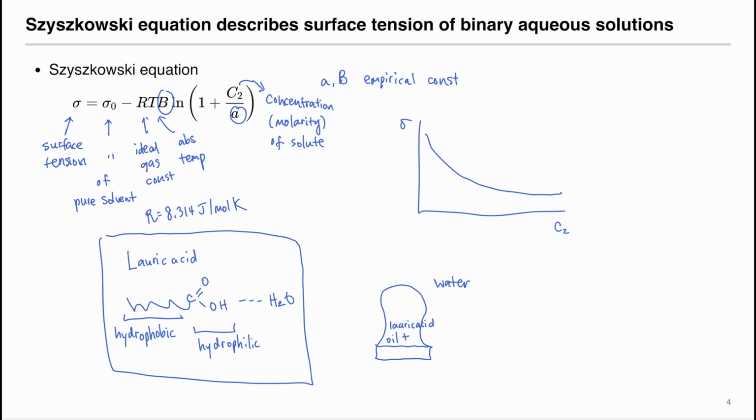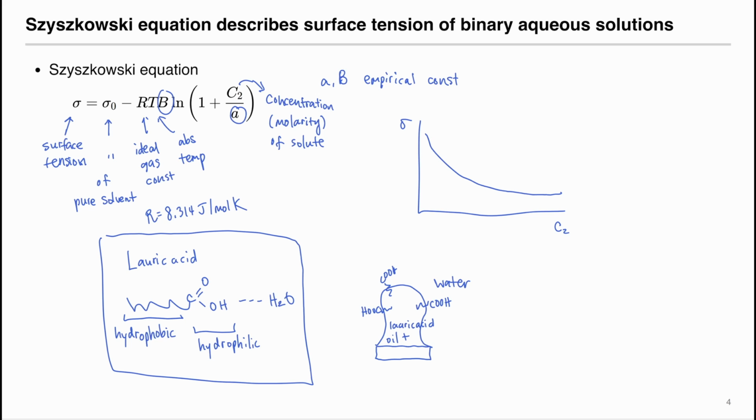The lauric acid will preferentially orient itself so that the COOH group is at the outer surface, where it can interact with the water, and the hydrophobic portion is at the inner surface, where it interacts with the oil. We want to determine how the concentration of the lauric acid will change the interfacial tension between the oil and water.